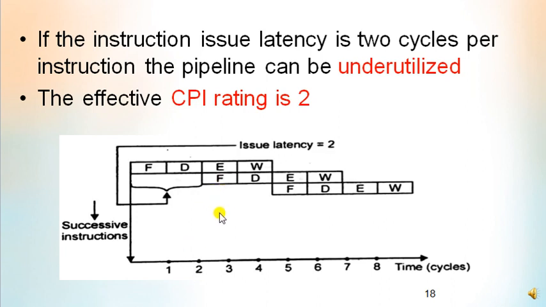It's another type of latency. Here the issue latency is 2. So after fetching phase and decode phase, the next instruction started to fetch. So here the issue latency is 2. If the instruction issue latency is 2 cycles per instruction, the pipeline can be underutilized.